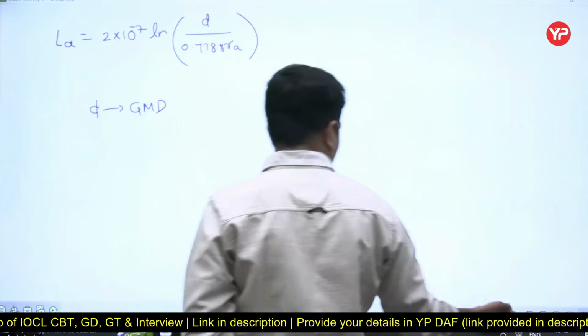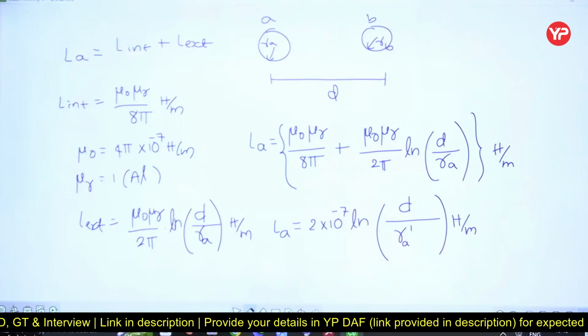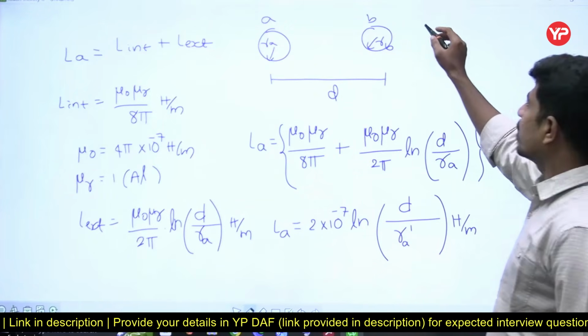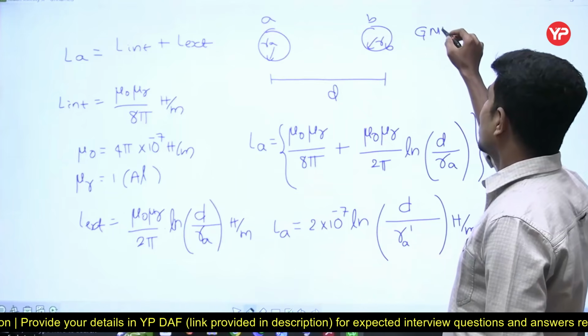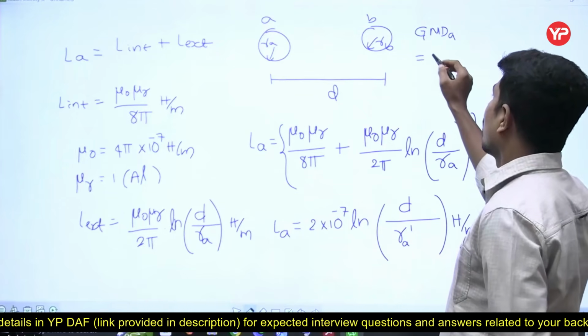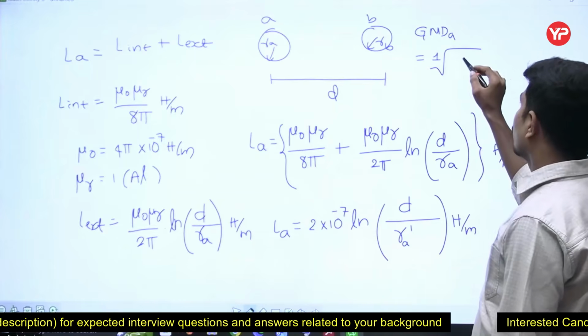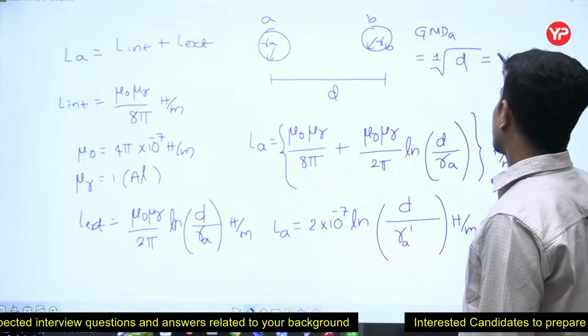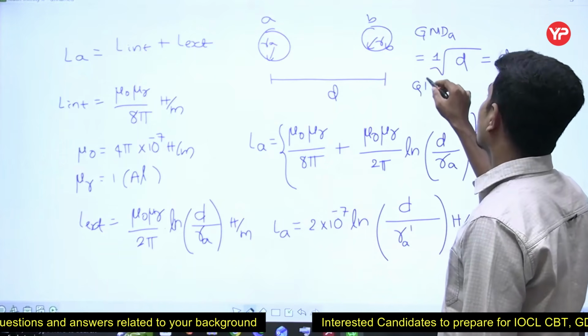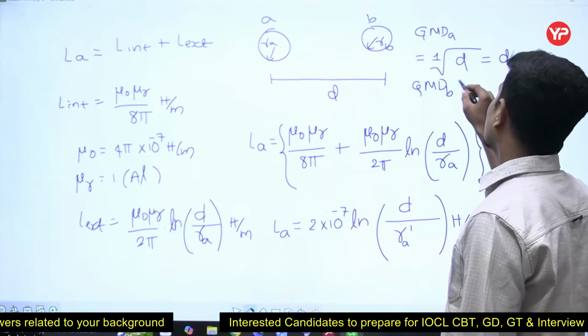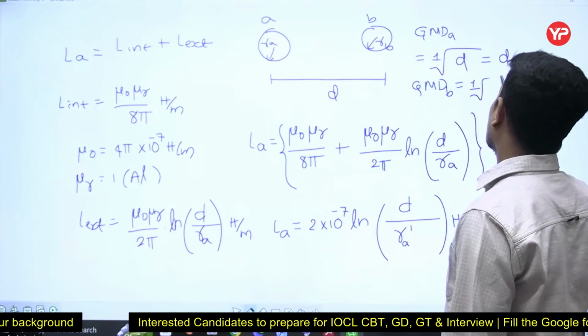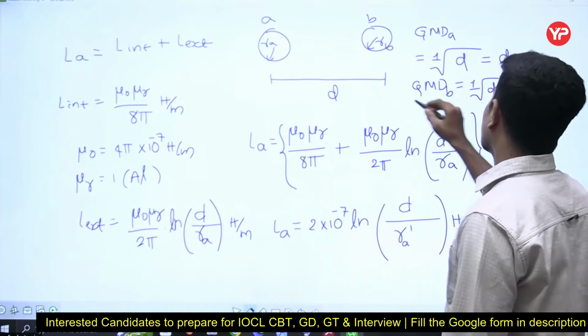Yes. If you can find the GMD of this, GMD of A. Could you please tell me GMD of conductor A? Conductor A, one conductor, 1/root of A to B, the distance is D. 1/root of D means D only. What is GMD of B? GMD of B is 1/root of D. That is also D. Right.